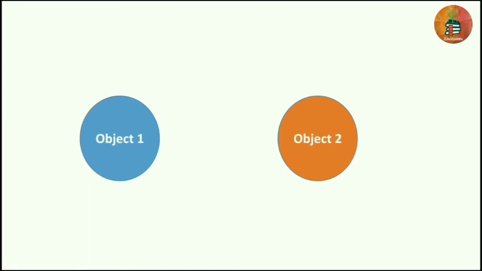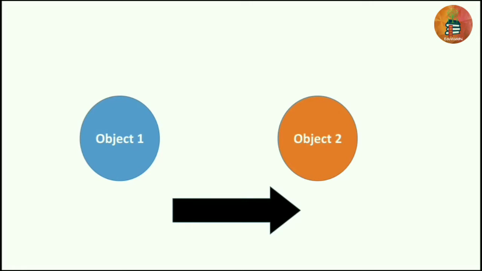And in the second case, there may be two objects, out of which the direction of one object is specified with the direction of the other. So here there are two objects, object 1 and object 2, and I can tell object 1 is moving towards object 2. So this is the second case of specifying the direction.